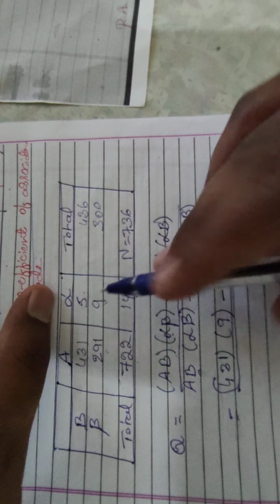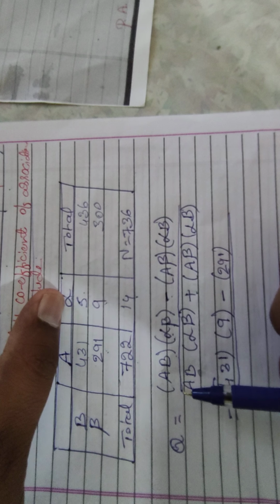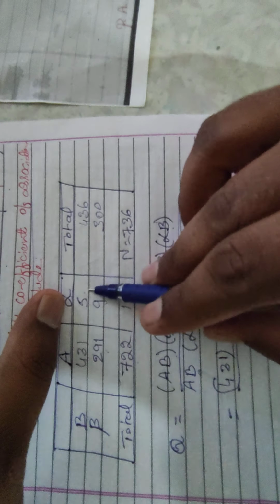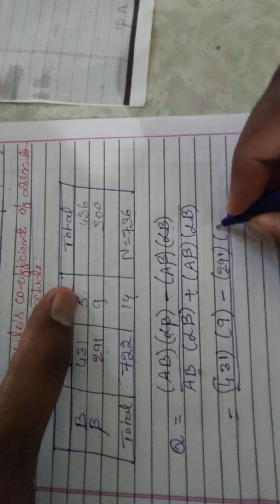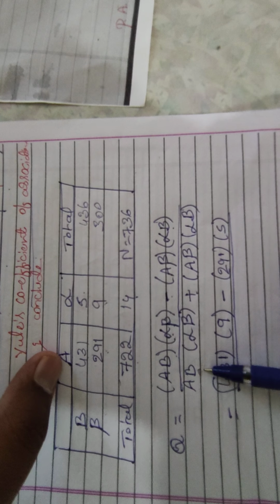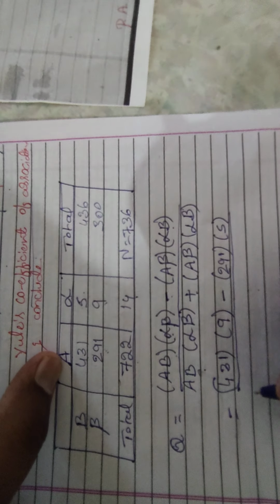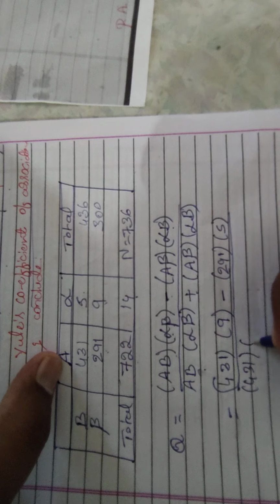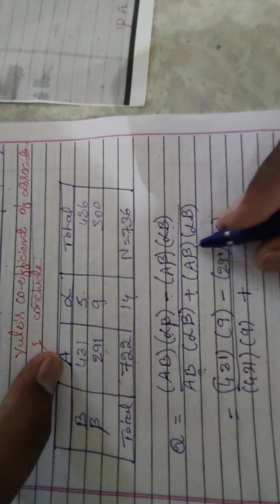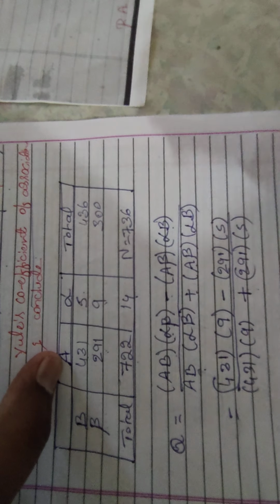Next alpha into beta, here B, alpha into B, the value is 5. Next A into B, the same values we can write here also, but here we use plus 431 9, so we can use here plus A into beta 291 5.